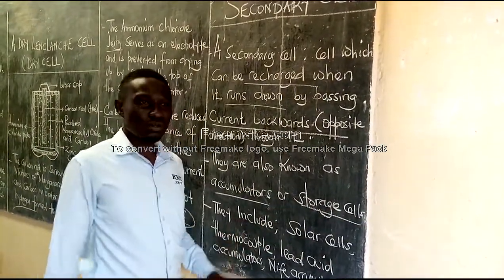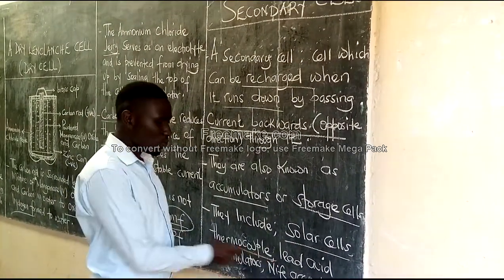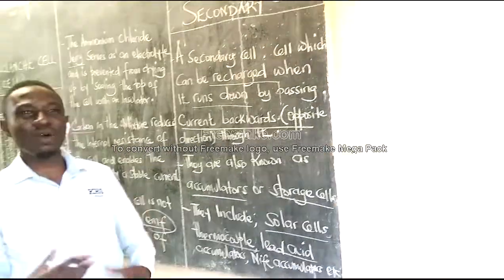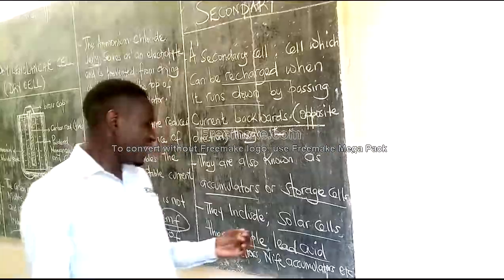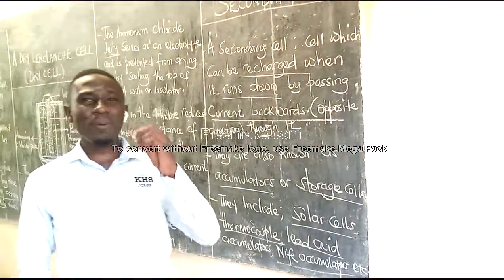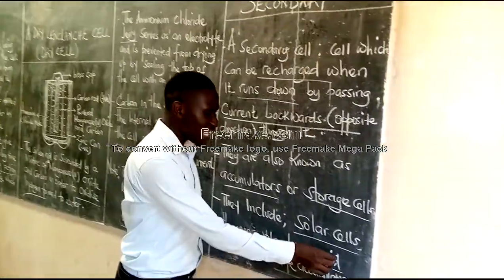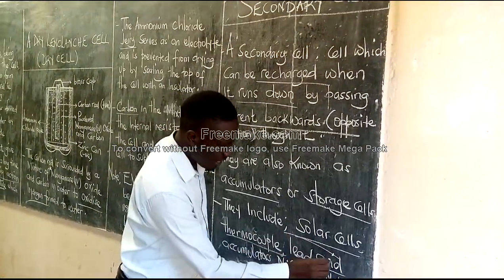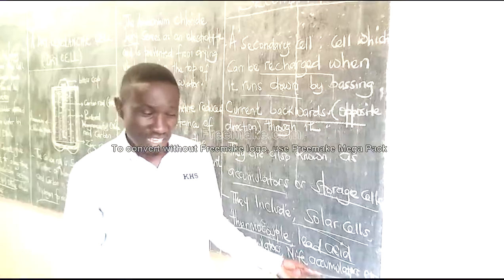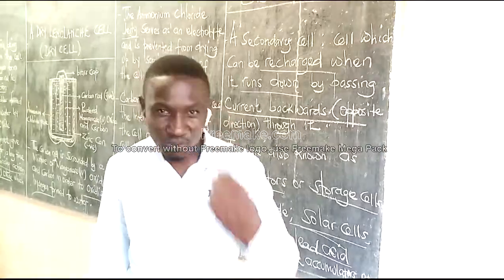They include solar cells, thermocouples, lead acid accumulators, which are our usual batteries, and then knife accumulators. But for purposes of this lesson, we shall dwell mostly on lead acid accumulators. So we are going now to look at lead acid accumulators.